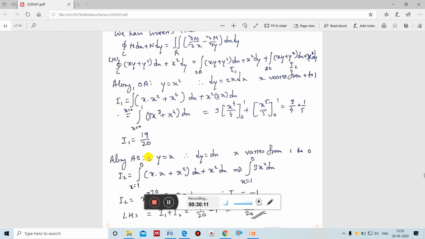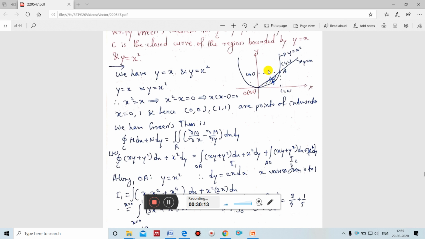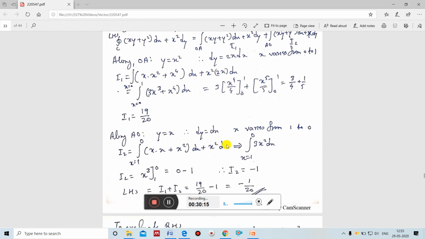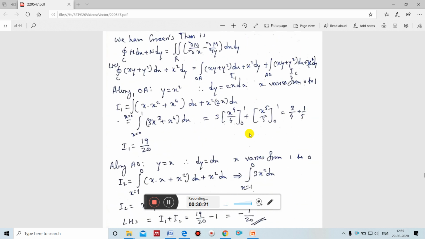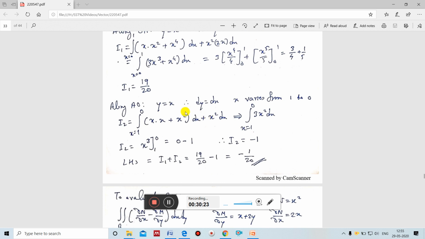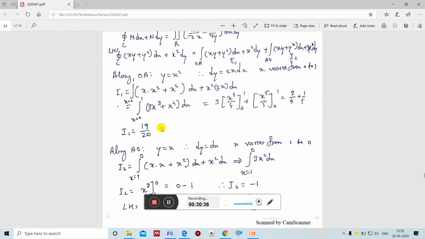Along the curve AO, y varies from 1 to 0, that is y = x and dy = dx. It is a straight line, y = x. Then put y = x, dy = dx, and x varies from 1 to 0. We have to convert to only a single variable.